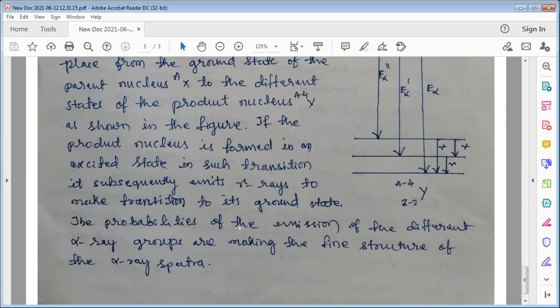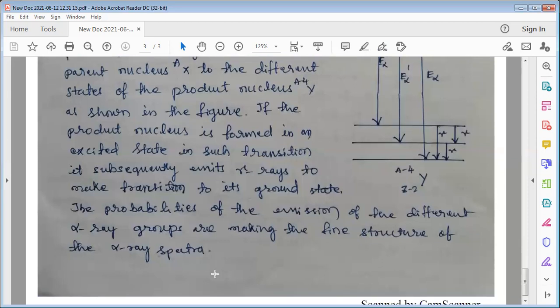So the probabilities of the emission of the different alpha ray groups make up the fine structure of the alpha particles. Together, that means including the long range alpha particles and the short range alpha particles, when you club all these, you will get a variety of alpha particles having different energies. So that means it forms the fine structure of the alpha ray spectra.